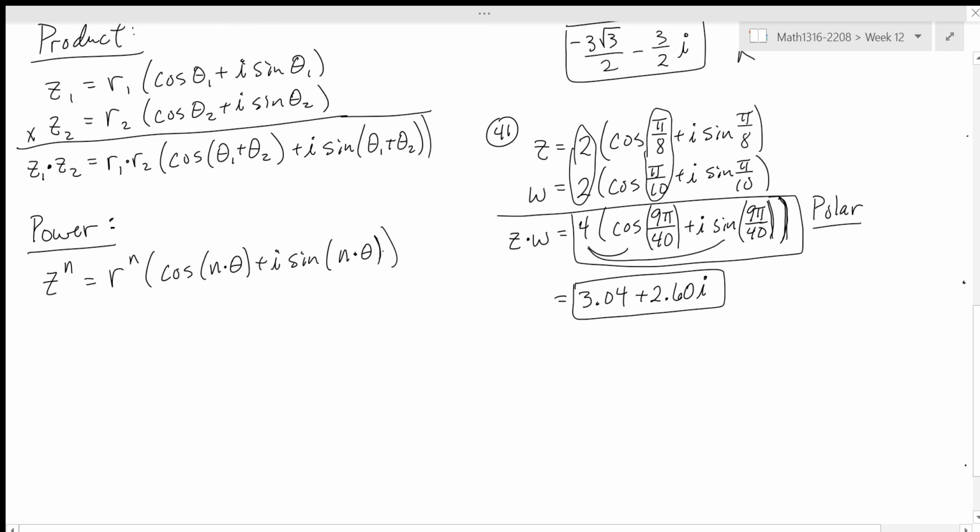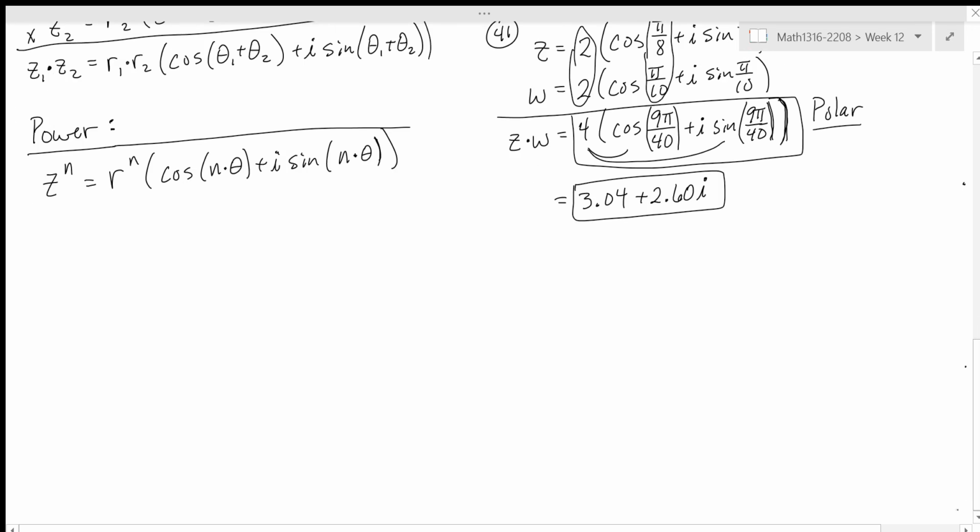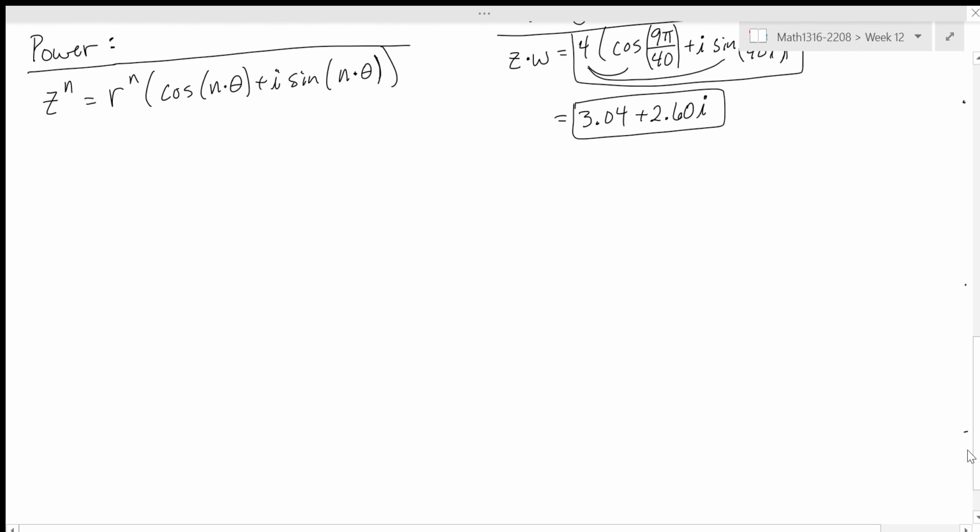And there's the formula for that. We're taking a complex number and raising it to a power. And the example we're going to look at is number 49.